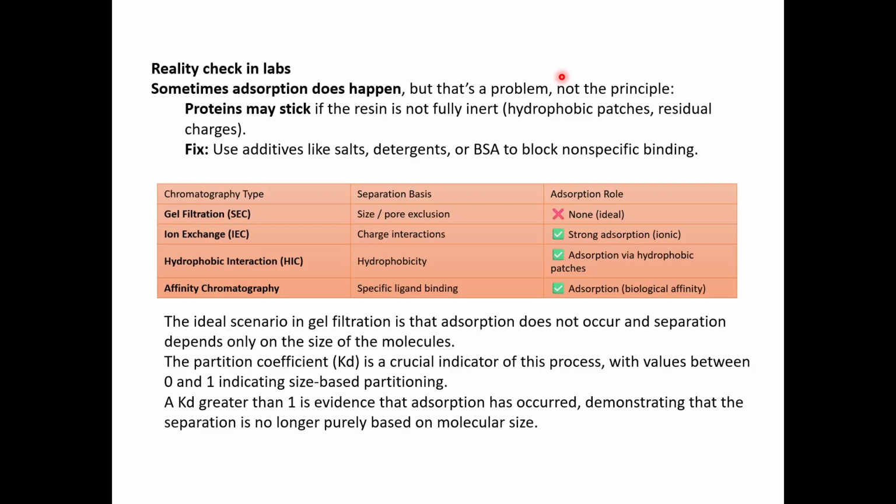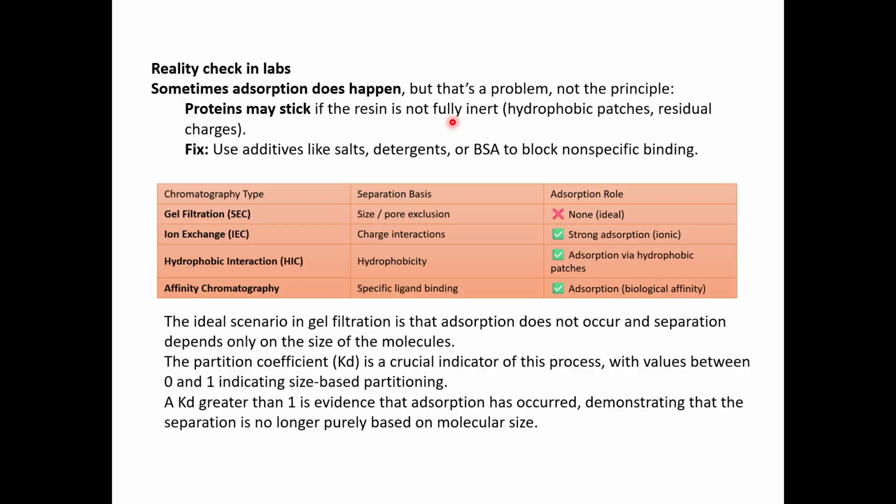It is part of some other issue with the matrix or anything else. So this should not be included as a key point in the principle of gel filtration, because absorption should not take place. What happens sometimes in practice when you're doing this is that proteins may stick if the resin is not fully inert.